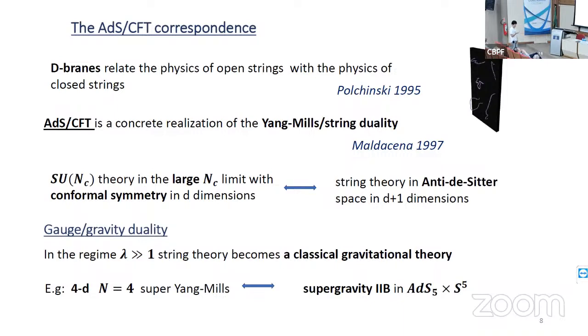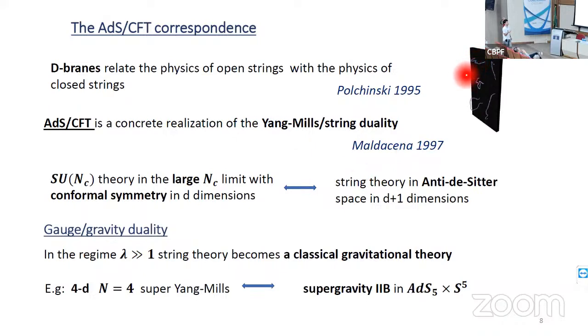Initially, perhaps the most important breakthrough in string theory in this context was made by Polchinski, who discovered the so-called D-branes, which are hypersurfaces in 10 dimensions where you can consider boundary conditions for open strings.